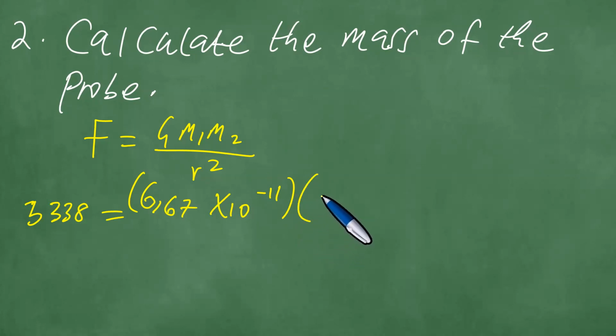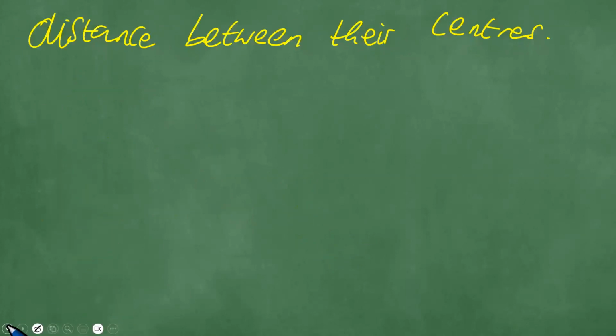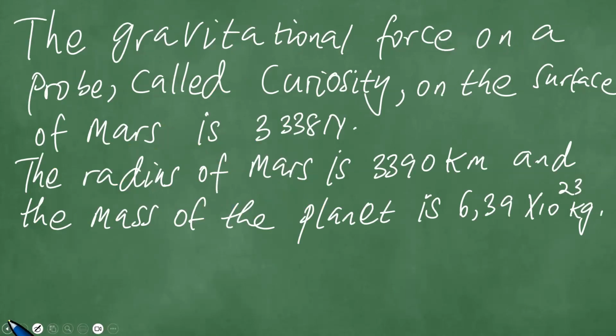Want to find the mass of the probe? If you know that the mass of one of the planets... the gravitational force on a probe called Curiosity on the surface of Mars is this. So the gravitational force is this.